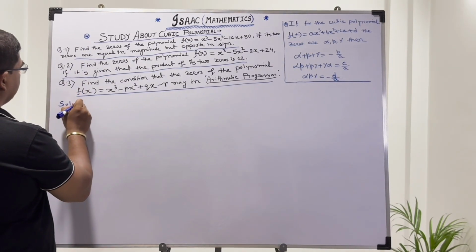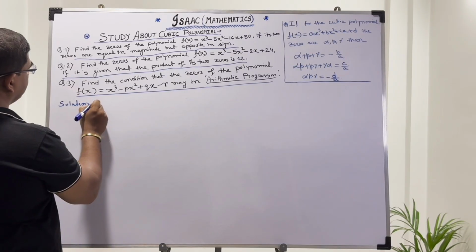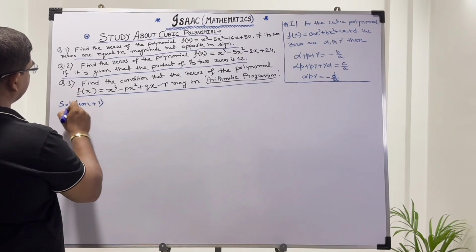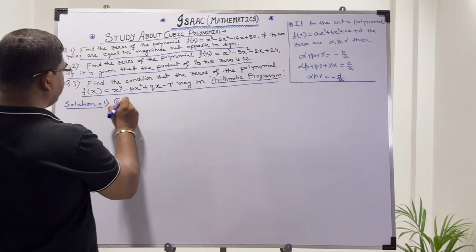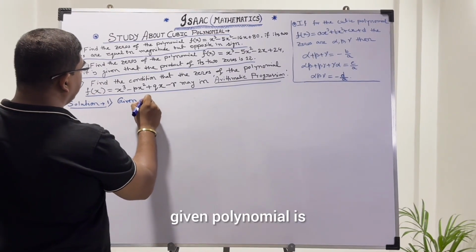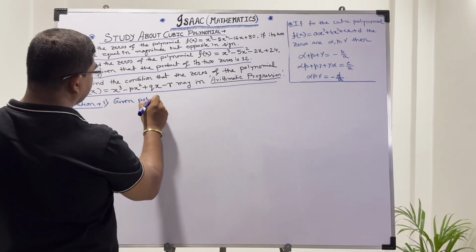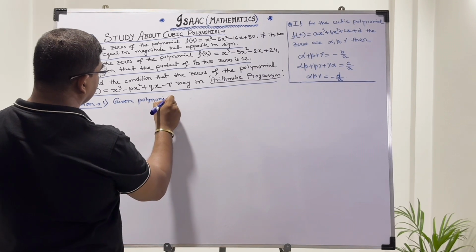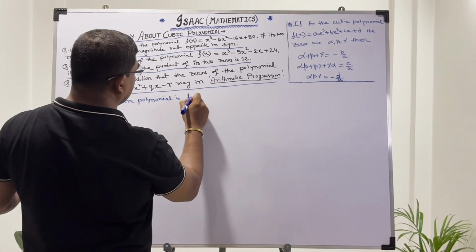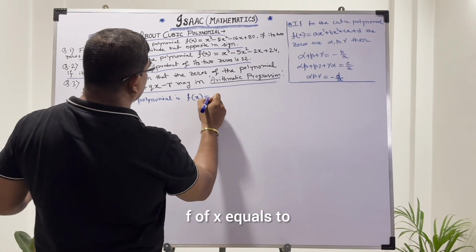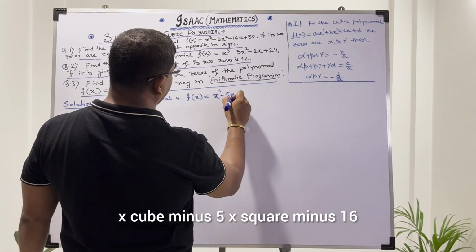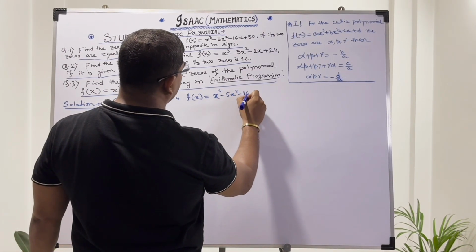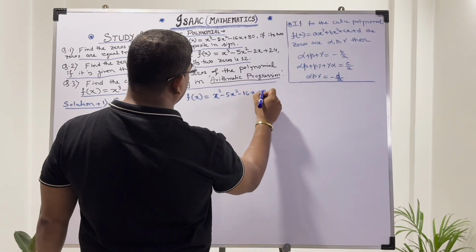Solution 1. Given polynomial is f of x equals x cube minus 5x squared minus 16x plus 80.